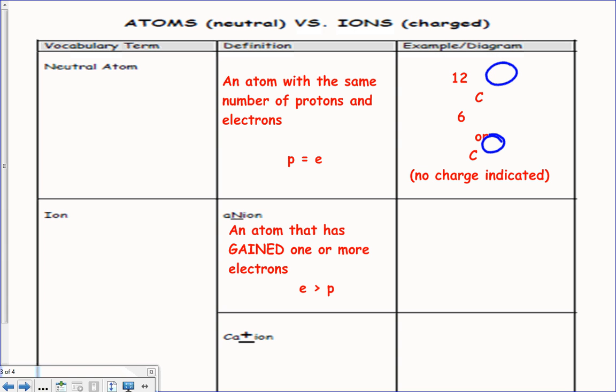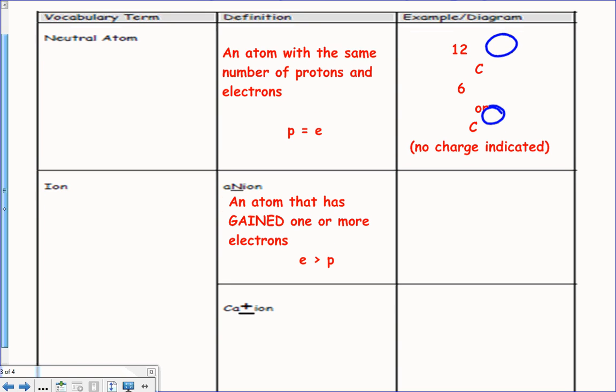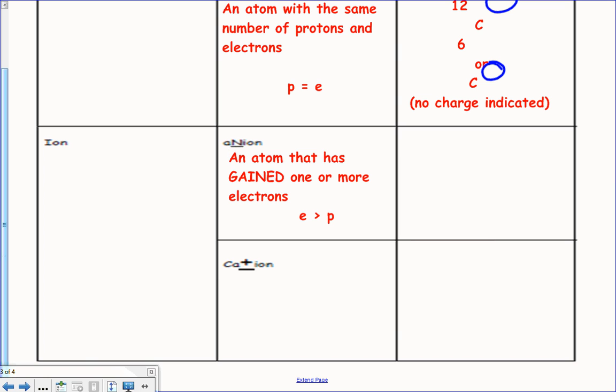An anion, see the N? Negative, annoying. It's got an N. All right, an atom that has gained 1 or more electrons. This is key. The number of electrons will be greater than the number of protons. So when I cancel them all out, I'm left with a negative.